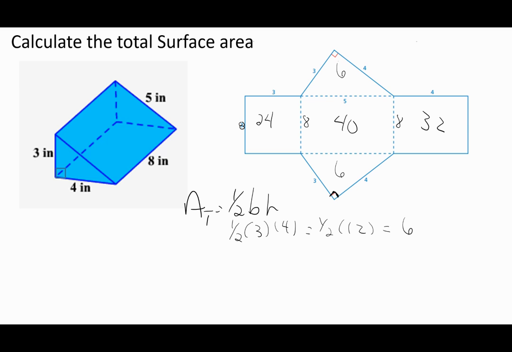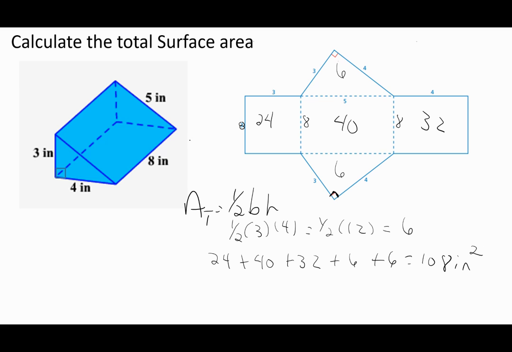And the other one on the other side is also 6. So our total surface area is 24 plus 40 plus 32 plus 6 plus 6. That adds up to 24 plus 40 plus 32 plus 12, which gives us 108 inches squared.